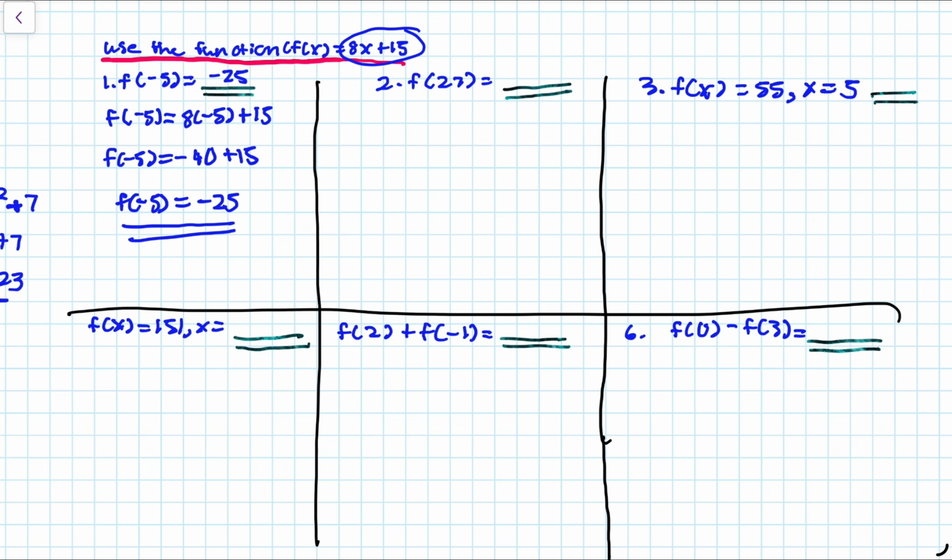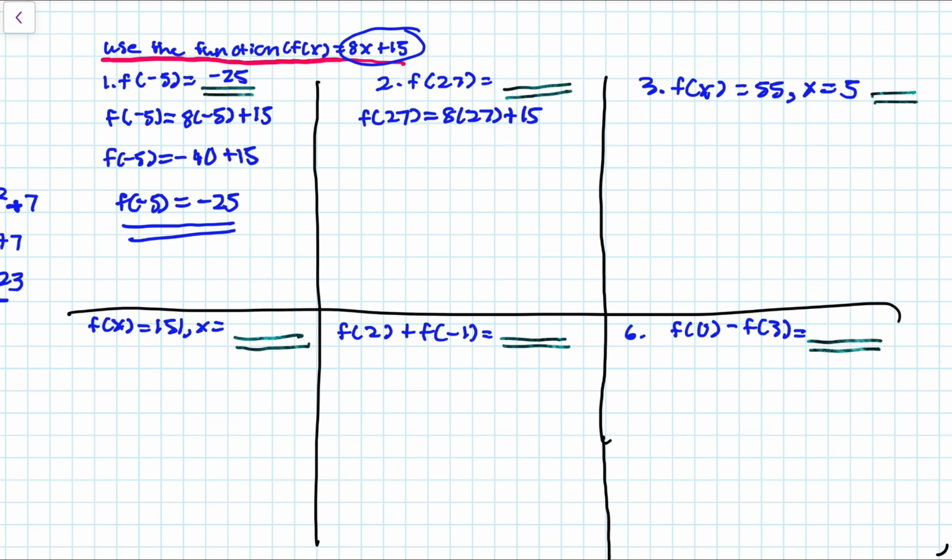Okay, so it says f of 27. We're just going to do the same thing as before, but with a different number. Equals 8 times 27 plus 15.